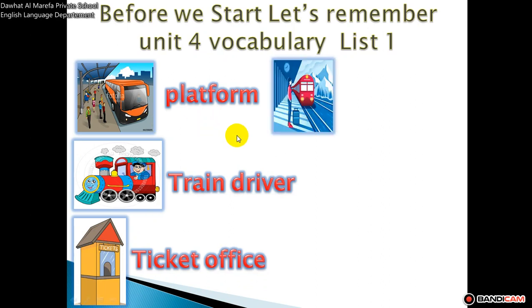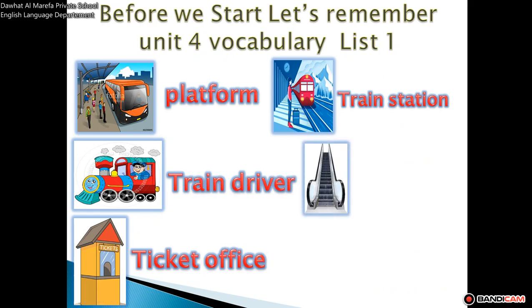Now we have this place where you can get on the train. This place is called train station. This is something that you can get up and down when you are going to the malls. So what is this? Escalator.